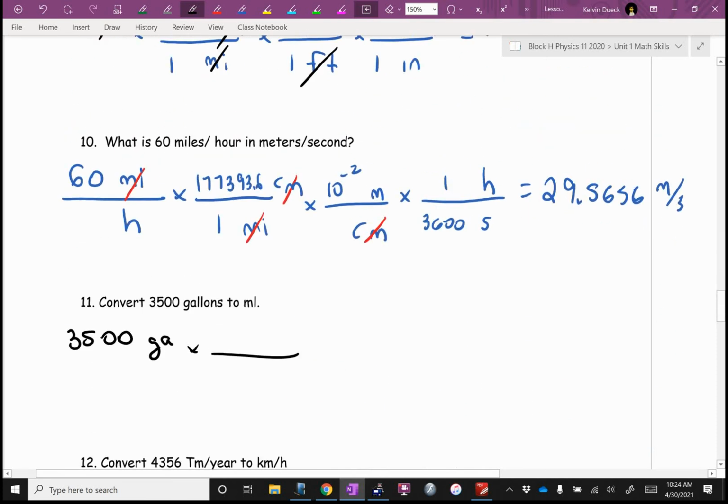So what can I go from gallons to what? Gallons to quarts? How many quarts is how many gallons? I have no idea. Oh, is quart short for quarter of a gallon? Oh, what? Wow. This is crazy.